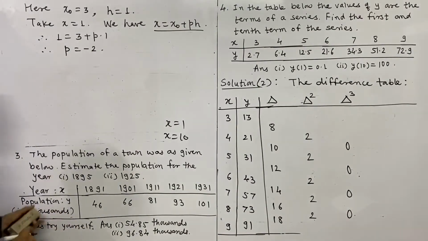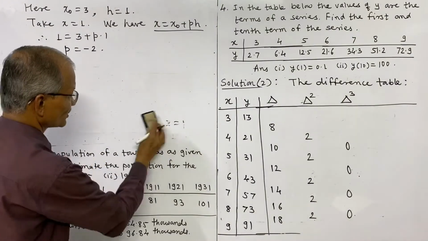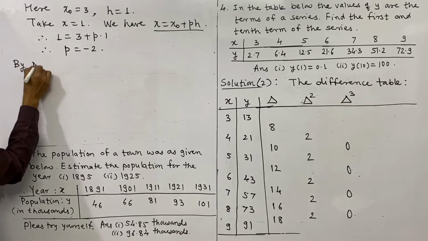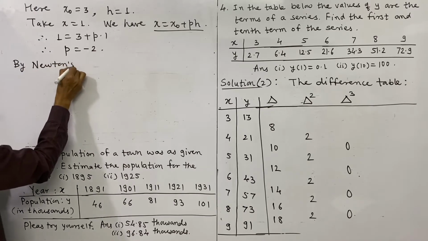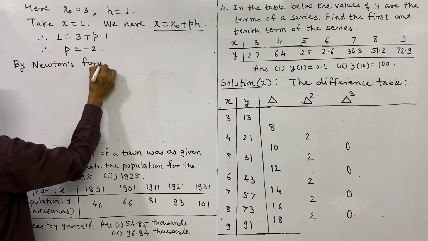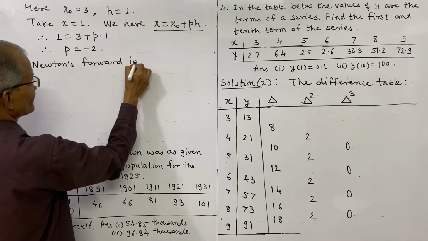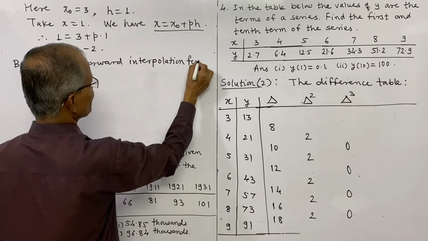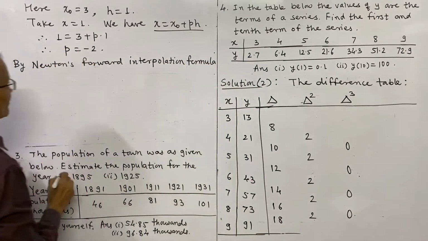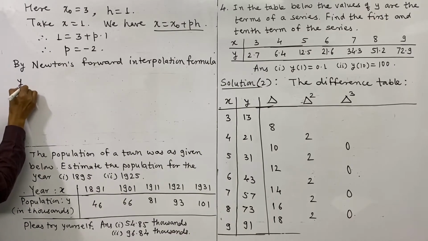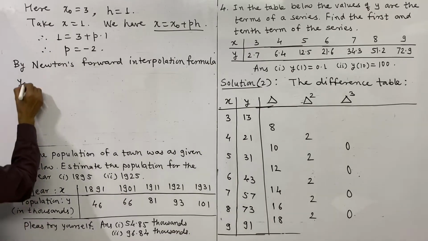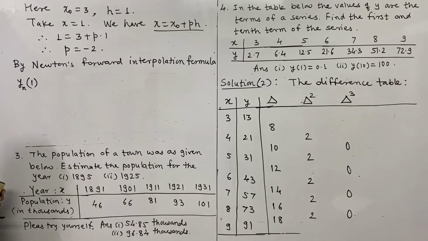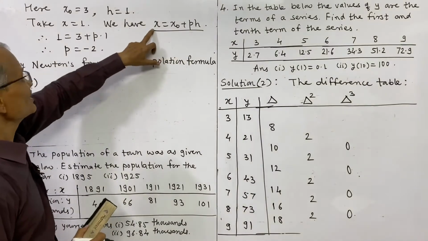And now we write the Newton's forward interpolation formula. What we have is yn at x, where x is 1, that is x naught plus ph, and x is 1.